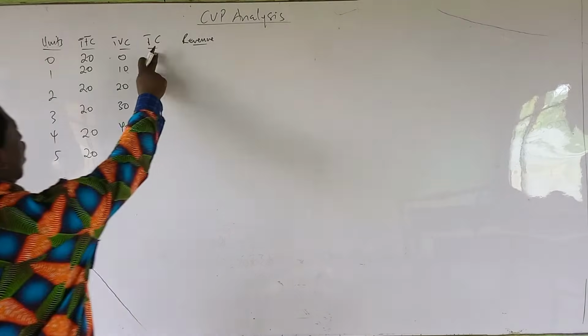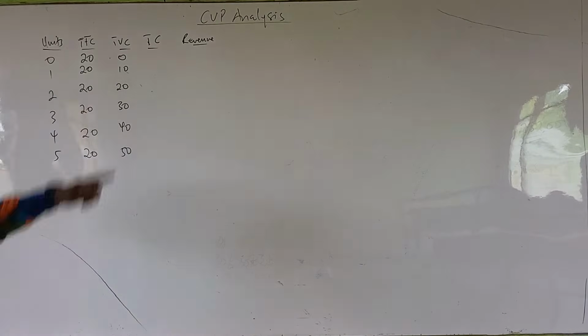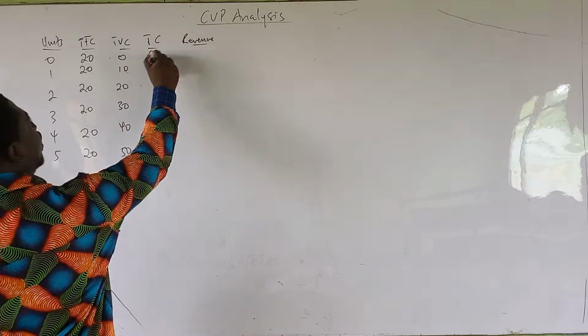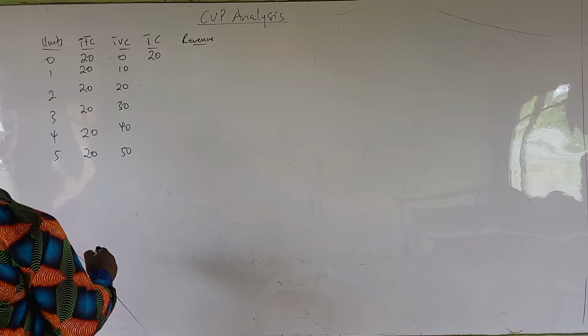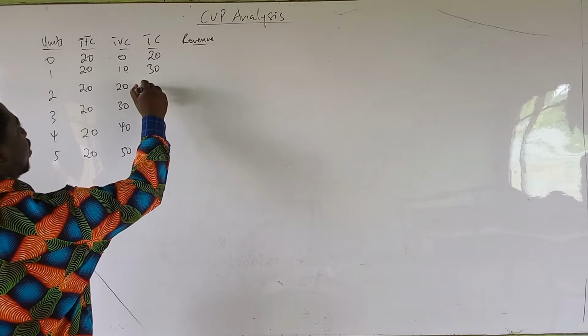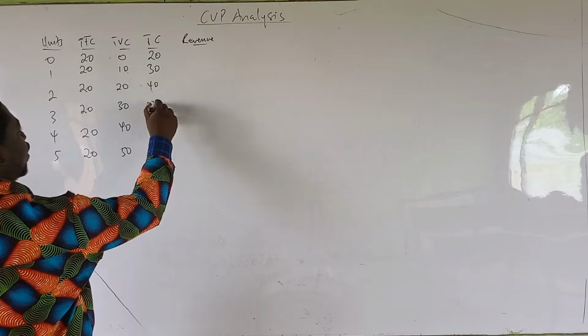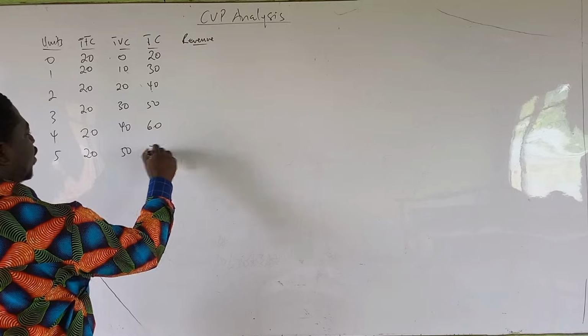And then it means that total cost is going to be total fixed cost plus variable cost. So we have 20 cedis for total cost under 0 units, 30, 40, 50, 60, and 70.